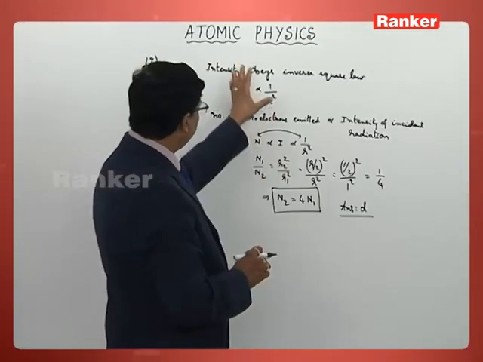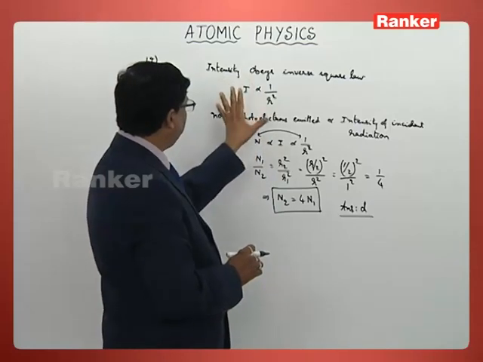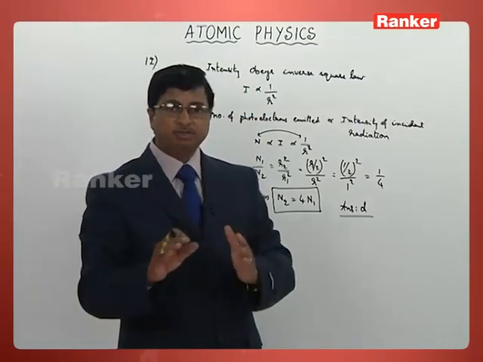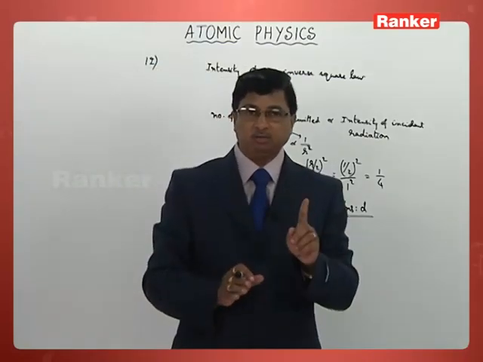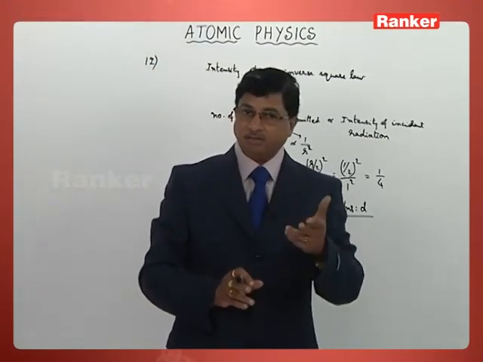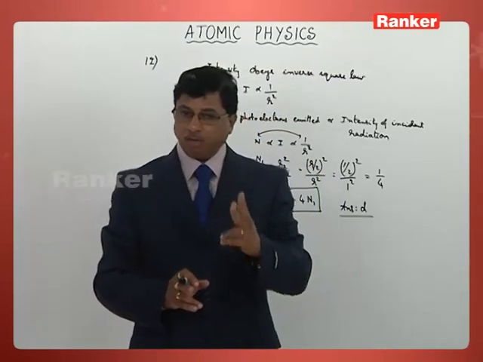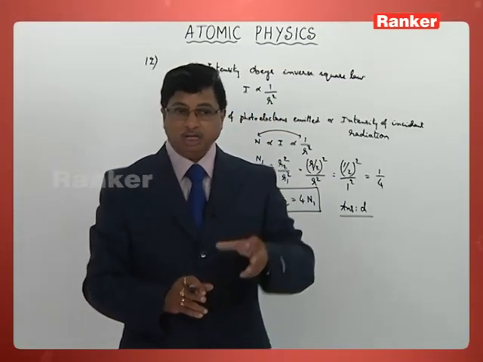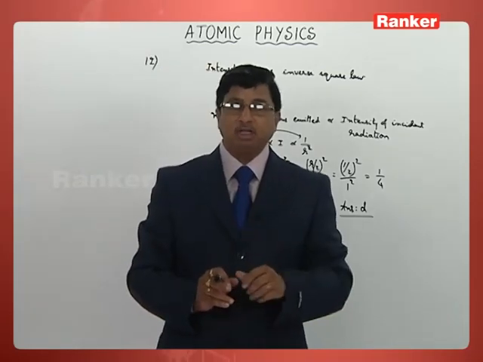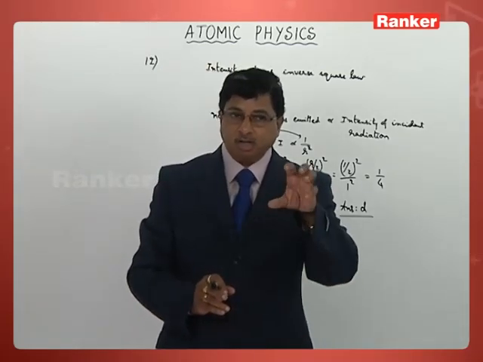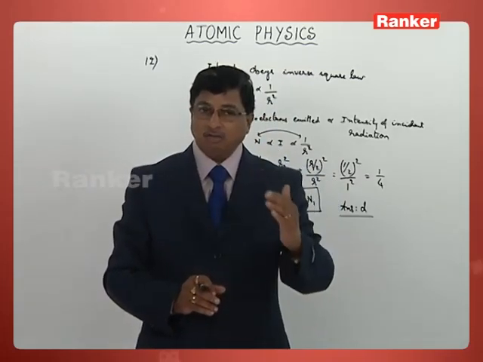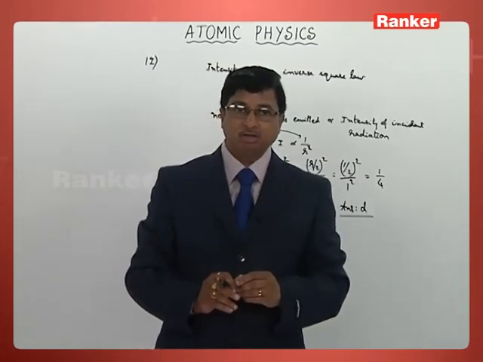So we should understand two different concepts here. Intensity obeys the inverse square law, that's one area. And second, the number of photoelectrons released from the surface of the photocathode is directly proportional to the intensity of incident radiation. In fact, you might have discussed the laws of photoelectric emission.